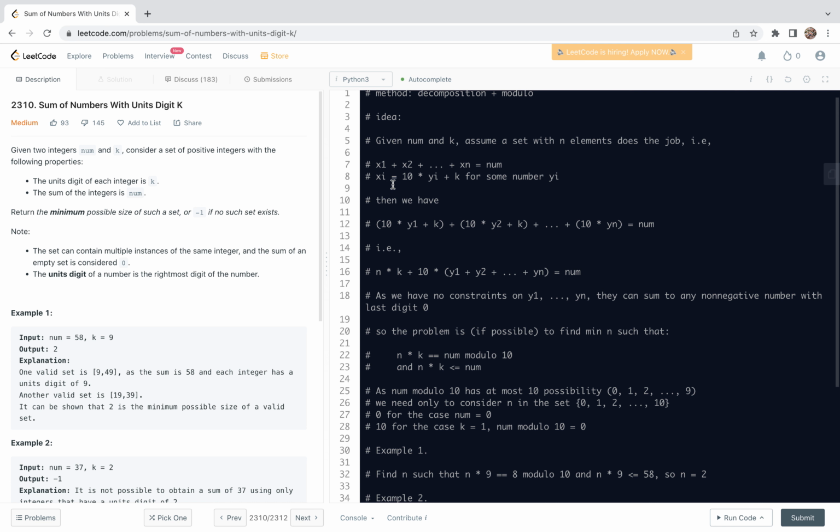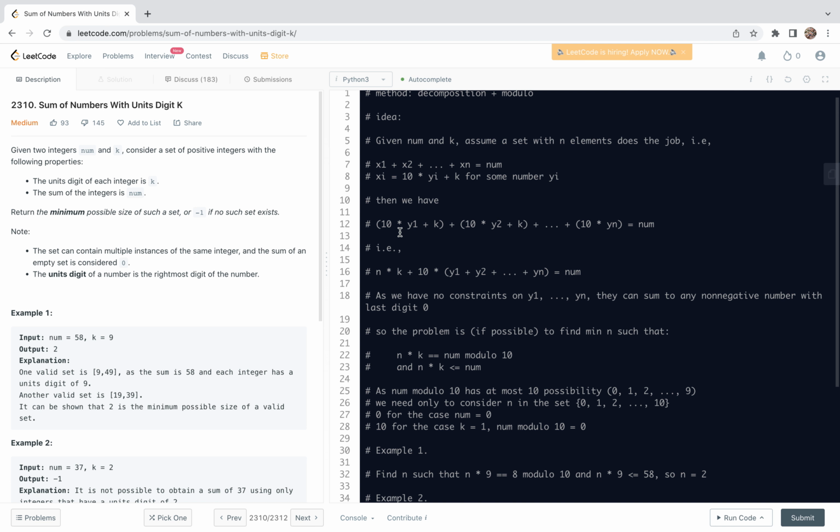If we change the first equation a little bit, we replace xi by its unit digit representation. So we have 10 times y1 plus k, 10 times y2 plus k, and finally 10 times yn plus k. Adding them together equals num.